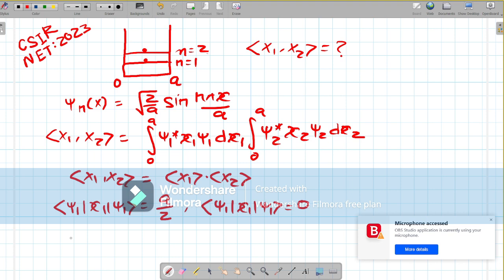I will calculate only for x1. Similarly, you can calculate for x2.